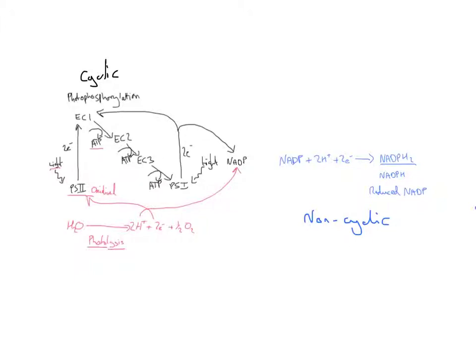This just gives us an idea of the whole reaction, and we can see from this reaction we get a number of things being produced. We have oxygen produced, we have ATP being produced, and we have reduced NADP. The oxygen is released from the reaction. Reduced NADP and ATP move into the next stage.